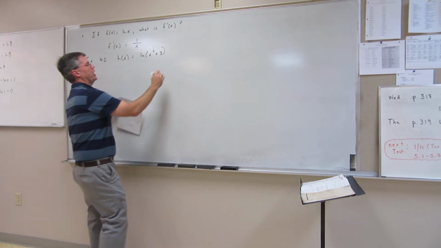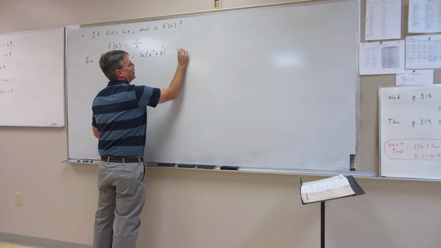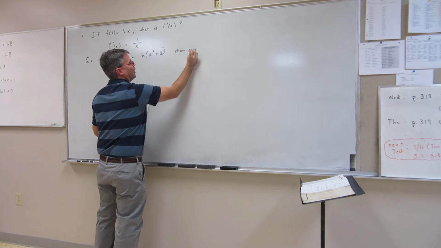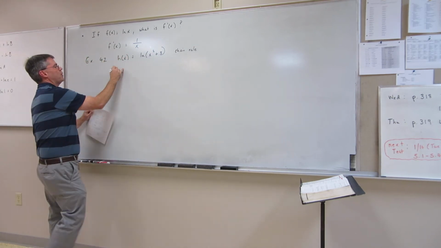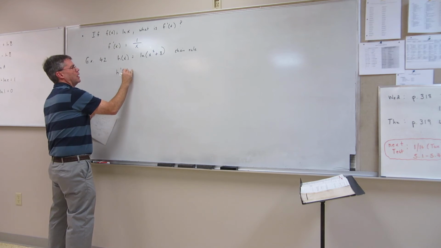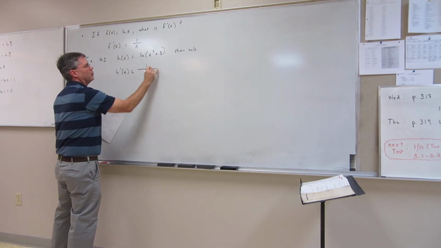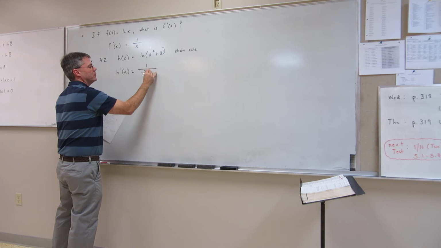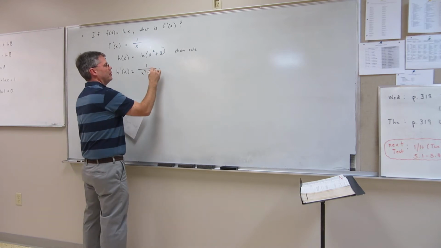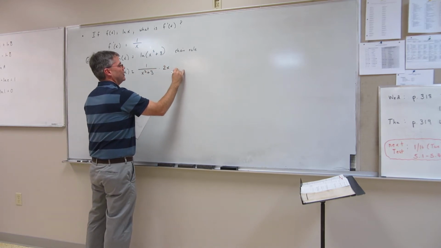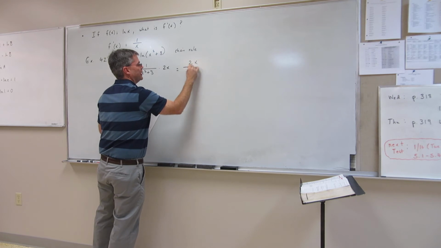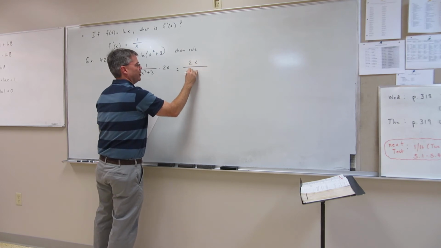Okay, that is just a chain rule. So h prime of x is equal to 1 over the block, x squared plus 3, times the derivative of the block, which is just 2x. So that simplifies to 2x over x squared plus 3.